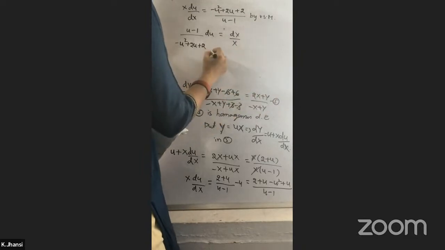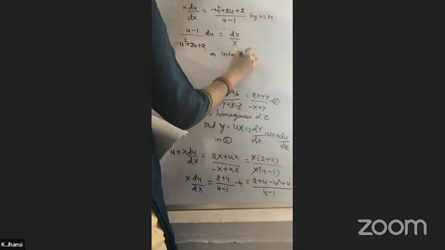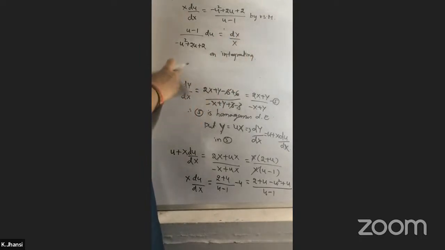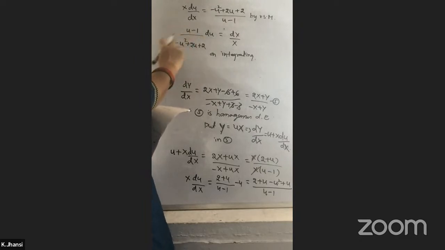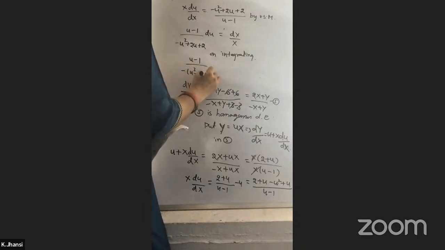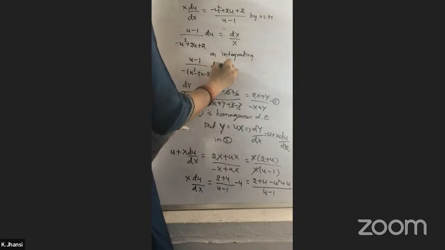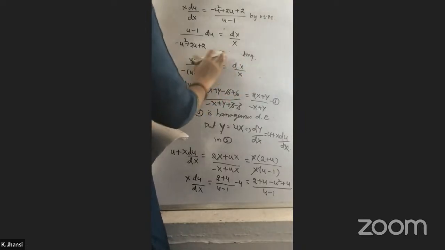So now on integrating, you can take minus common here. So u minus 1 by, if you take out minus common, it is u square minus 2u minus 2 into du equals to dx by x. Okay.